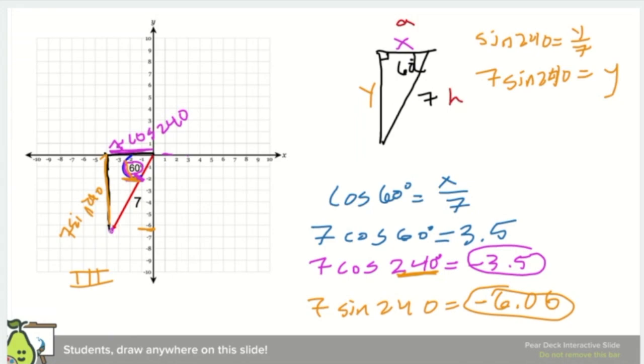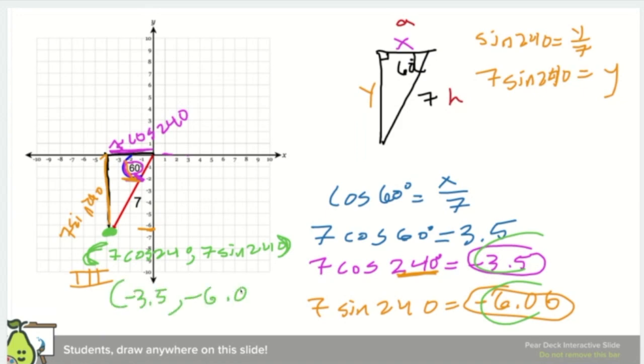So then they might say, give me your horizontal and vertical component. Your horizontal component would be 7 cosine 240. Vertical component would be 7 sine 240. And again, what that's going to equal is just what we got here and here: negative 3.5 and negative 6.06. So there are two ways to write it. You can either write it in the trig form or the decimal form.